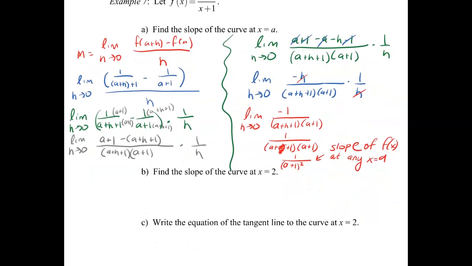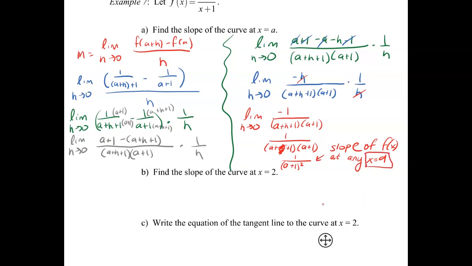Alright, so now I need to find the slope of the curve at x equals 2, or a equals 2 in this case, because x is equal to a. So I would get 1 over 2 plus 1 quantity squared. That should be my slope. So I should get 1 over 3 squared, which is 1/9.